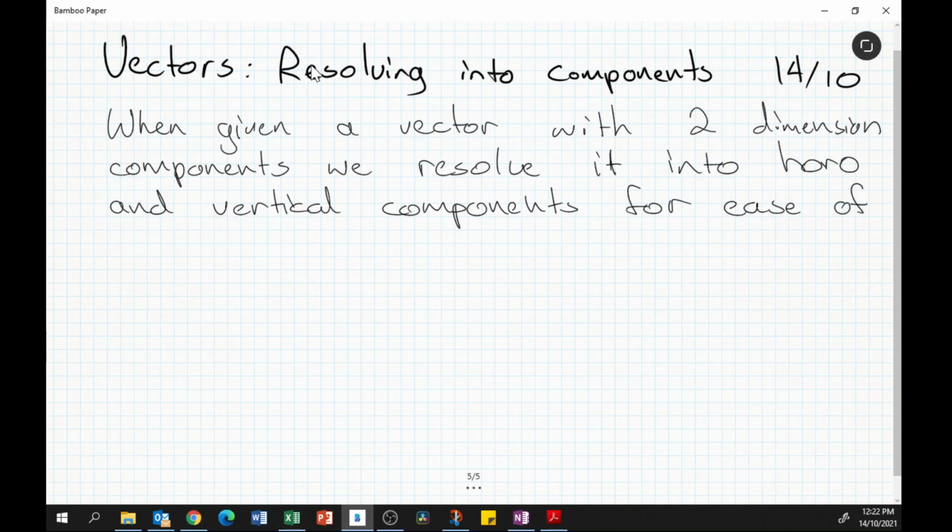Much easier to deal with them once they're in horizontal and vertical components.